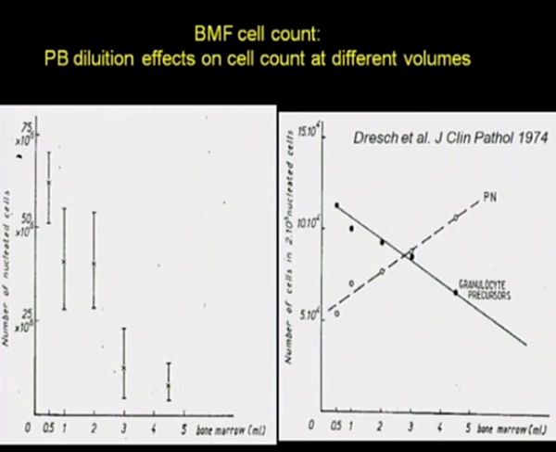And you see that if you perform the smears from bone marrow aspirates of less than 0.5 milliliter, you have in your sample the highest number of nucleated red cells.